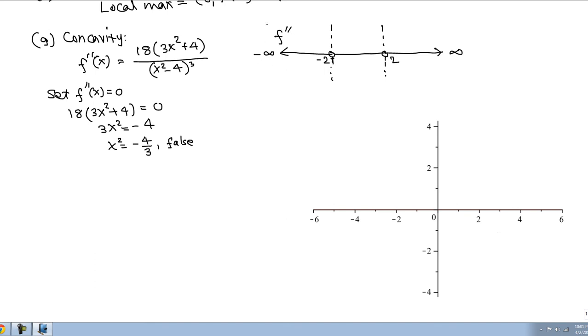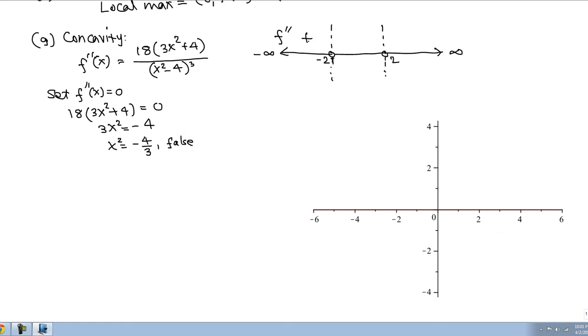Like in the previous part when we were finding the intervals of increase and decrease, we do the interval test. Pick a representative and plug it into the second derivative. Let's take x equals negative 3. Negative 3 squared is positive, 9 minus 4 is positive, so we get a positive number.